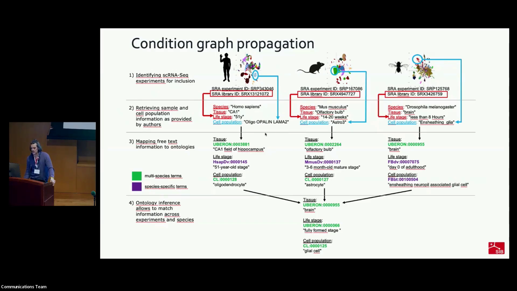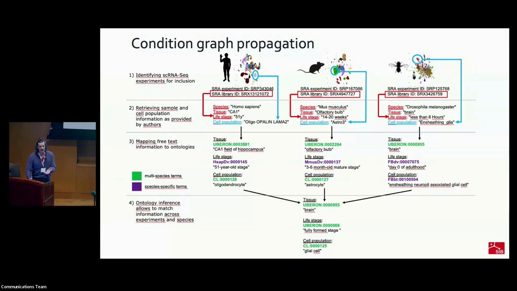The free text cell type information was, in human, that this cell population was oligodendrocyte, and in fly that it was ensheathing glia. So we're going to map that to an ontology. In human that corresponds to the CL term oligodendrocyte, and in FBbt that corresponds to the term ensheathing associated glial cell, something like that. So you see here that we don't have matching information between these 2 species. We cannot really compare them, we cannot reconcile the information.